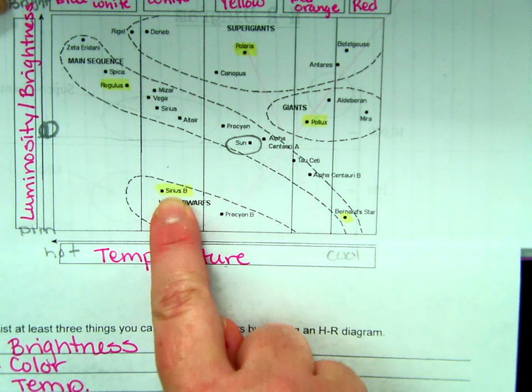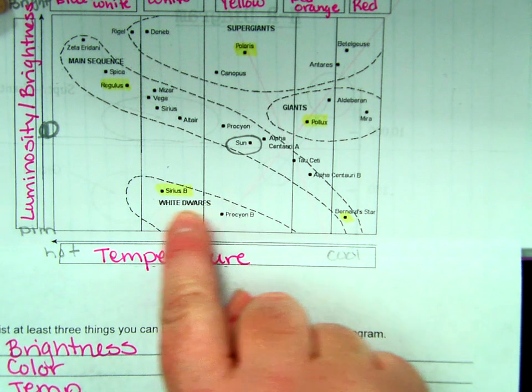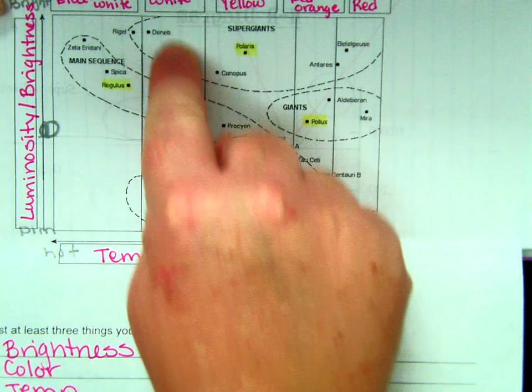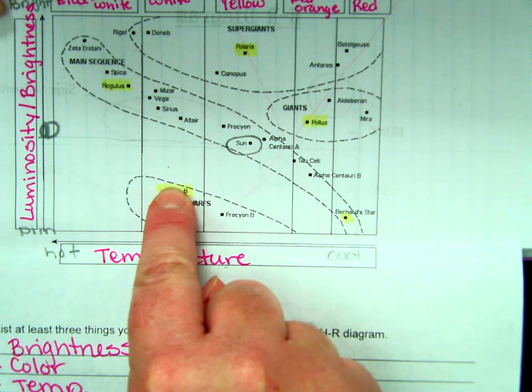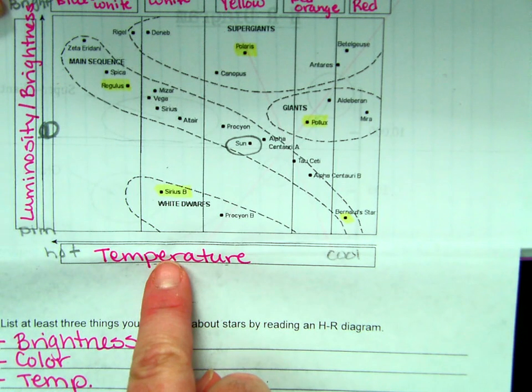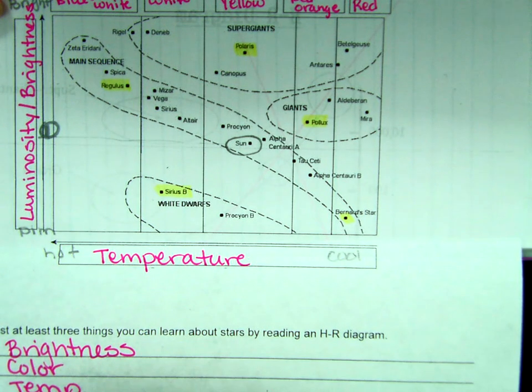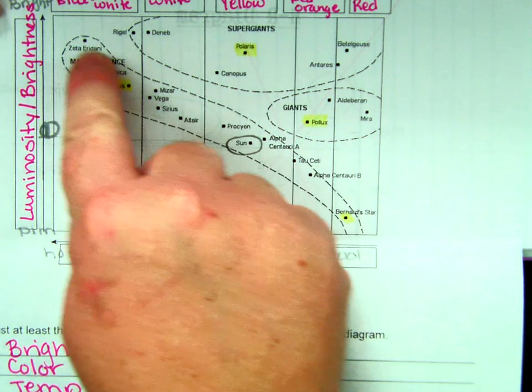So we have Sirius B. It is a white dwarf. It is white in color. It is dim, but it's getting hot. It's pretty hot. So if I asked you to look at Regulus, here, it's a main sequence star.